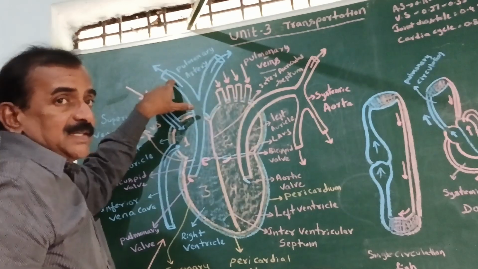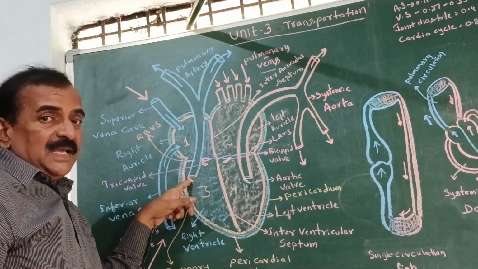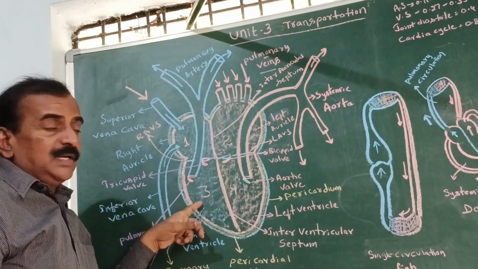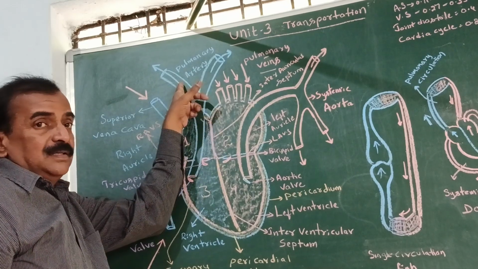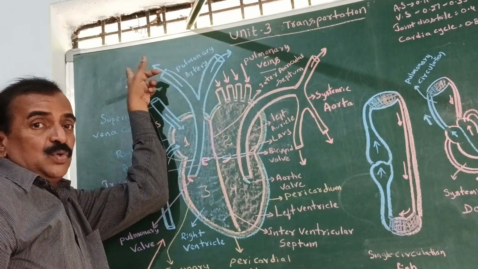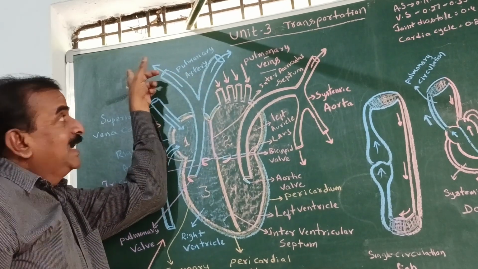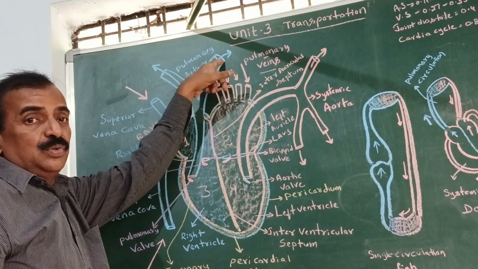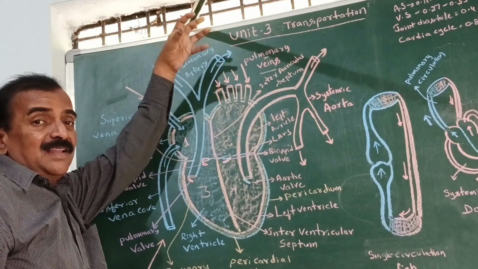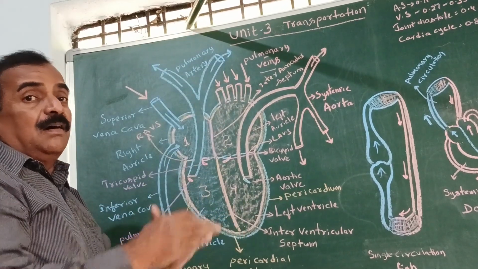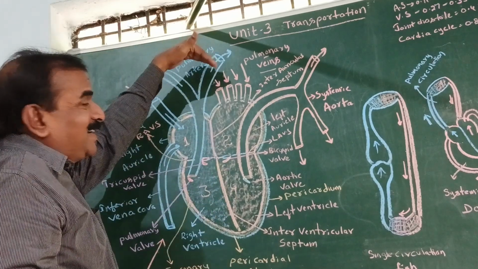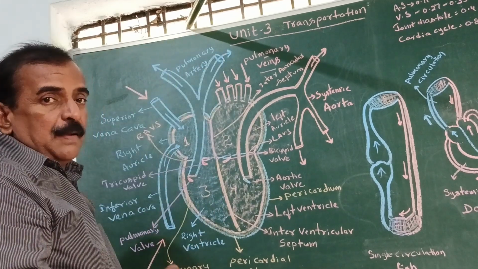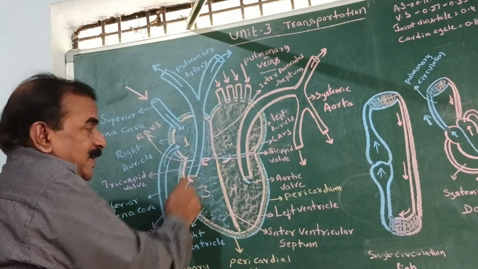It divides into two branches. One branch goes to the right lung, and another branch goes to the left lung. There in the lungs the blood is oxygenated. Again, that blood comes back to the heart by means of what? Pulmonary veins. Okay, this one is over.